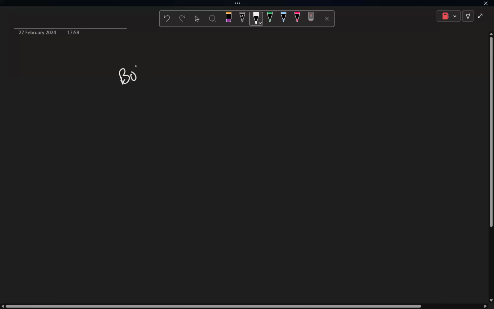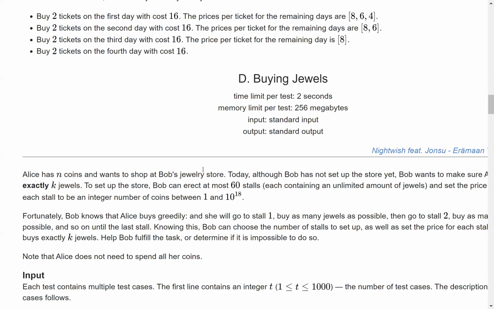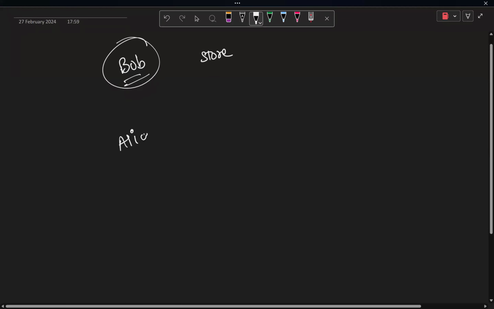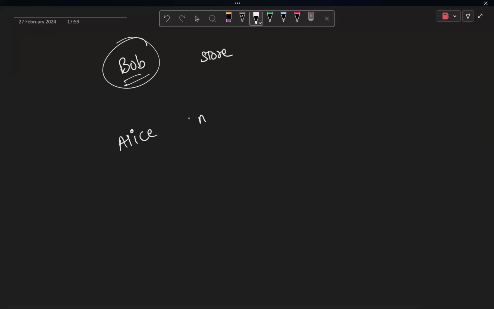See, Bob is having a jewelry store. Bob is having a store of his own. Bob is a big man, a rich guy. And Alice is a customer here. Alice is a customer having n rupees. This is the money she has.